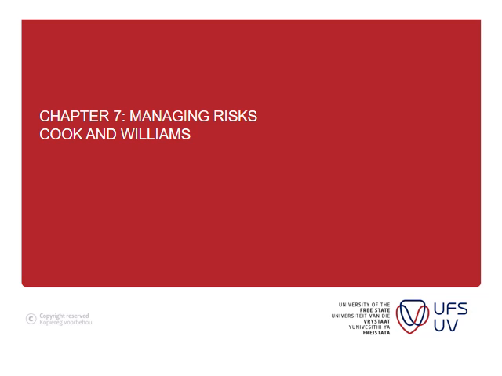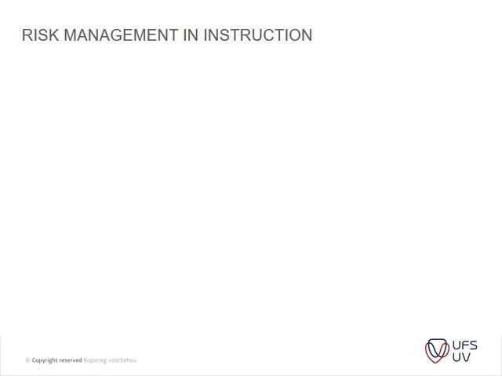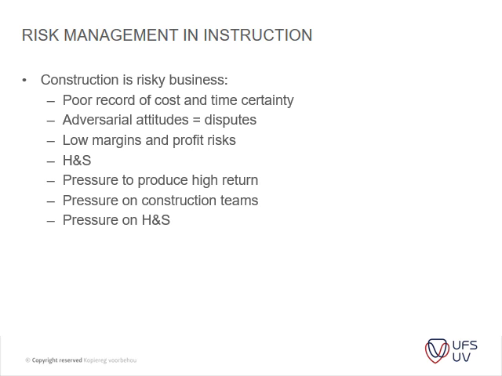Okay, so let's start. Managing risks, you will find it on page 116 of your textbooks. Cook and Williams starts with just identifying general items in construction risks.